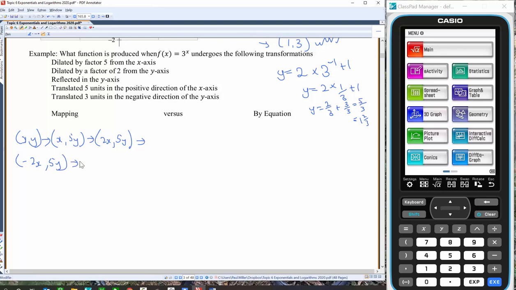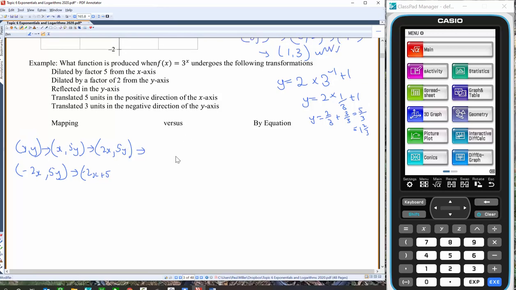Translated 5 units in the positive direction of x. And I'm just going to roll this one into the same one. 5y, positive and negative direction. So that's take 3. X dash, y dash. X dash is negative 2x plus 5. Y dash is equal to 5y take 3.